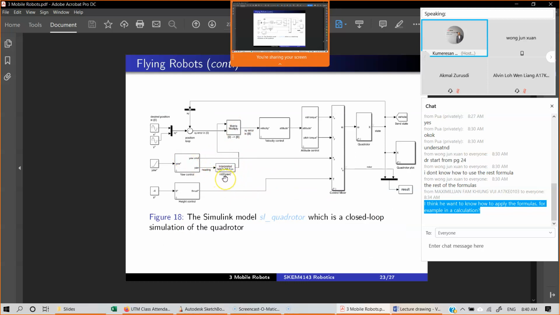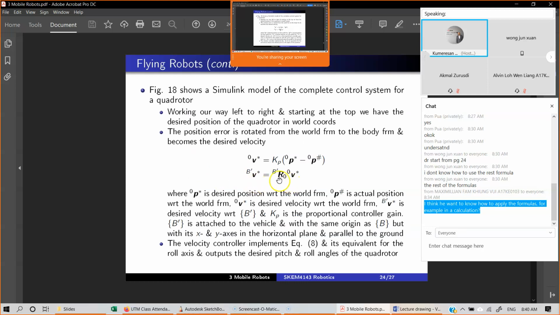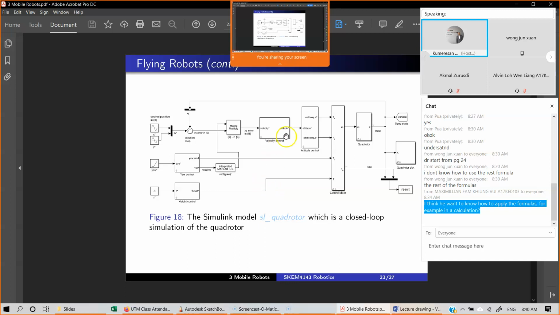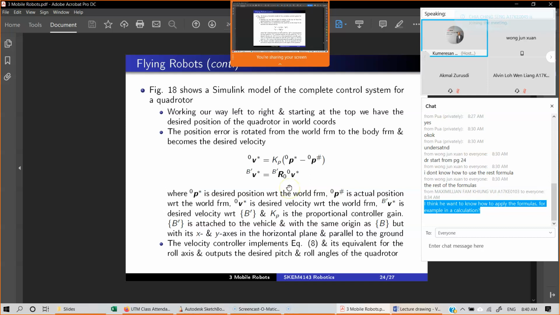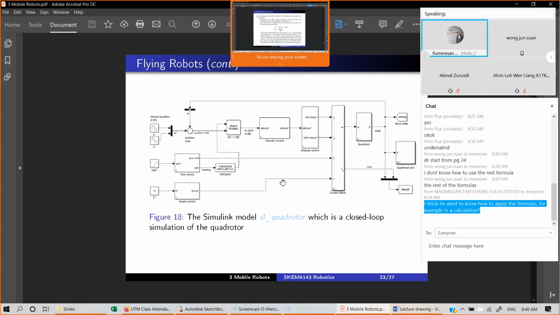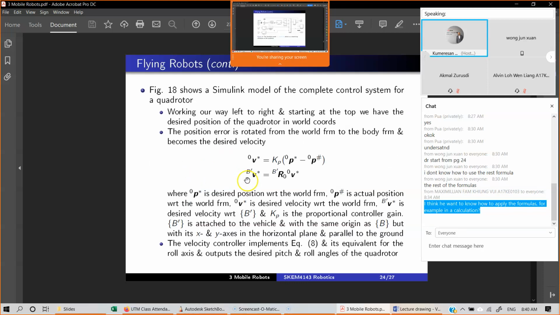See, this is the rotation matrix. However, rotation matrix is a function of theta. So for different configuration of the quad rotor while flying, this matrix will be different. So if you want a sample, you have to get it from here, because I don't know what is the rotation matrix. It has to be taken from here, and it's a function of yaw, as you can see here.